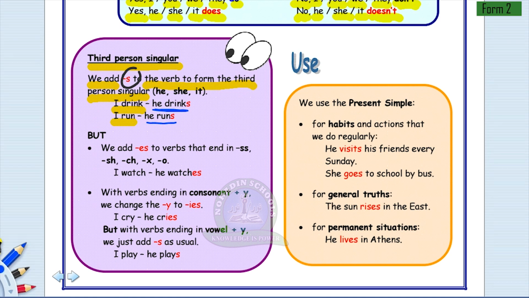But we add es when the verb ends in ss, for example, pass, passes.